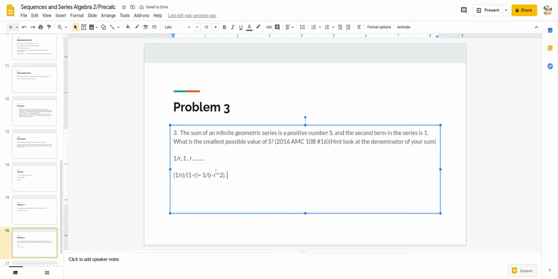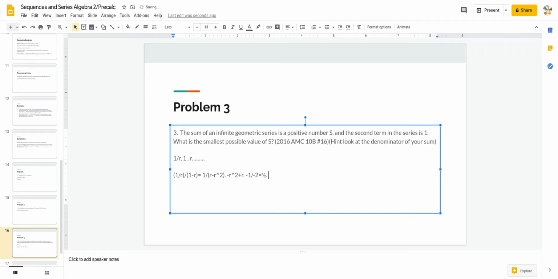So you want to maximize the denominator since you want the smallest possible value. This is, I think, an algebra topic, but the vertex is essentially going to be the extremum. So the vertex is at minus b over 2a. So if your quadratic is negative r squared plus r, your x coordinate is going to be negative 1 over negative 2.